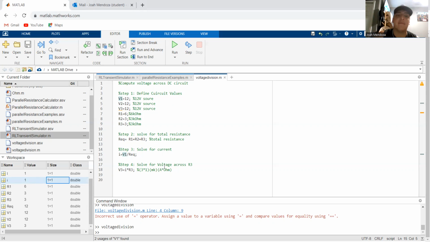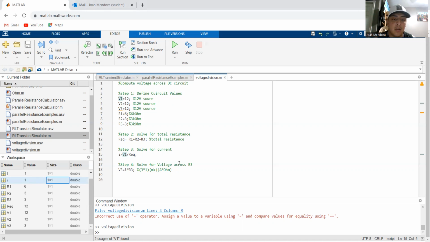So moving on to step 4, to get our final solution, we have to solve for the voltage across R3. Solving for the voltage across all 3 resistors is the same concept. We just plug in different numbers. So V3 is also 12.